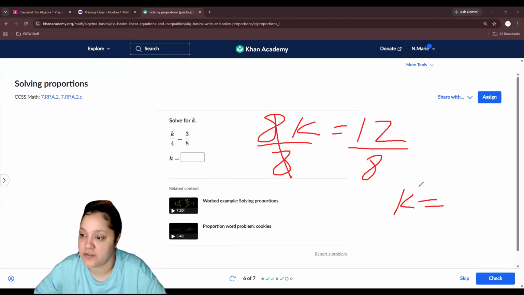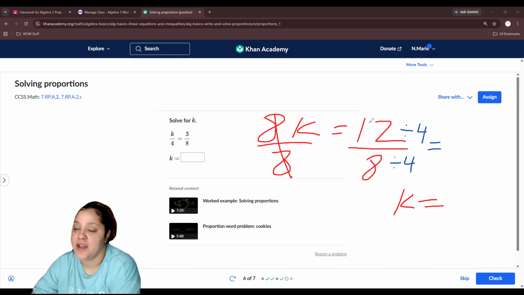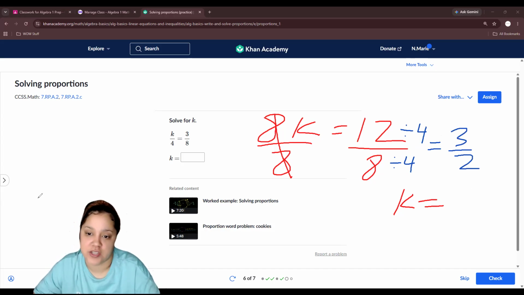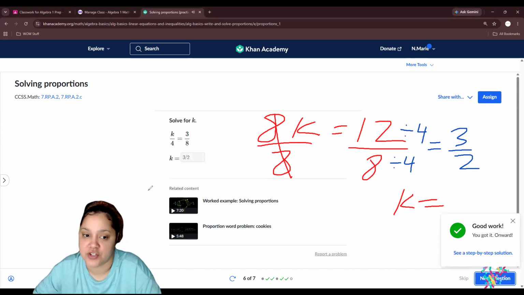So make sure you simplify your fractions. Always simplify your fractions in math. So divide both sides by the GCF, and you should already know how to simplify fractions, I'm hoping. So the GCF would be 4. This would then be 3/2, which is 1.5, or you can just keep it as 3/2. It's fine to keep things as improper fractions, but make sure you simplify.